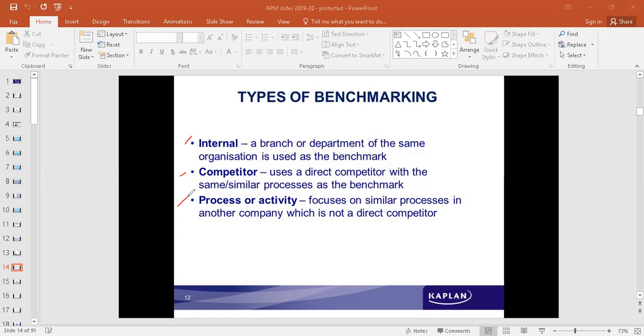So any similar process found in entities which are not in direct competition with the organization, there the comparison of performance can be done with the performance of the benchmark. So process or activity also could be a benchmark. We see that in internal benchmarking, any one department can be considered as a benchmark, and others' performance can be measured against it.